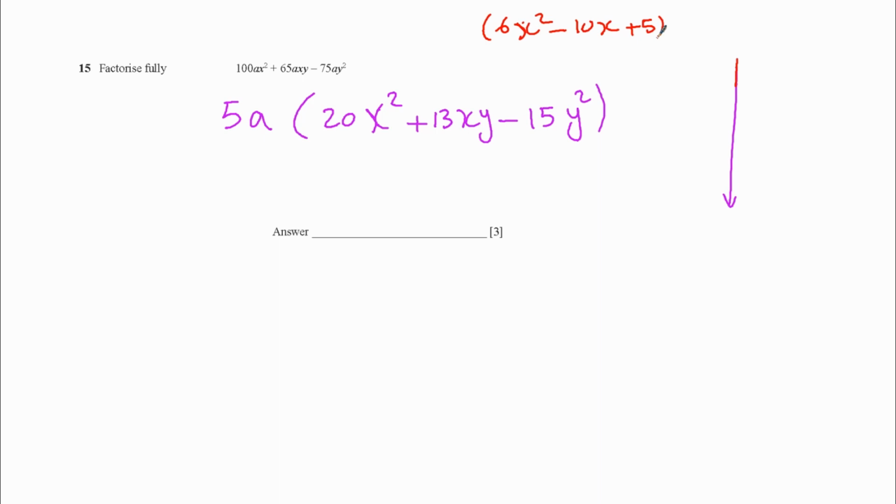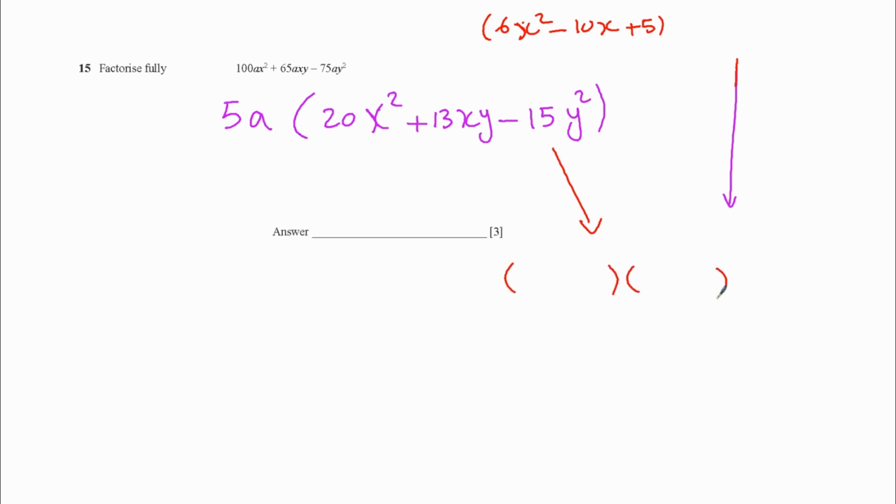So irrespective of whether this is a y or a number, we can still apply exactly the same principles that we applied for factorizing quadratic equations. So for that section there, I can again put two brackets. Two brackets could be 20x and x.